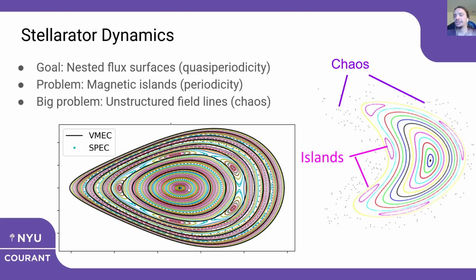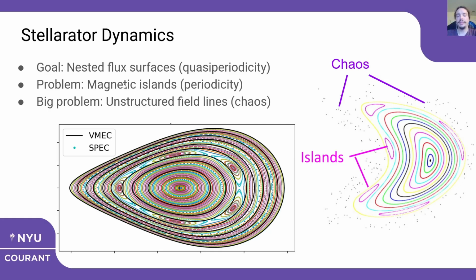We can have other kinds of behavior, though. For example, we can have these magnetic islands. Magnetic islands happen when your magnetic field line is going around in a nice rational number. And so it can split off into sort of a polygon shape like this. In this case, we have 5 islands in this island chain.